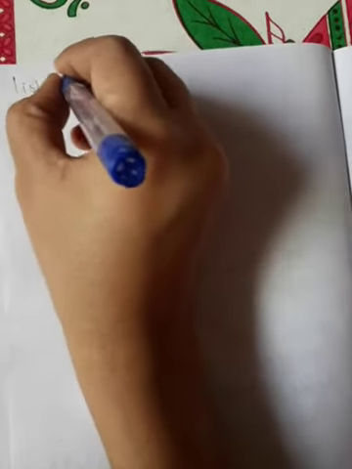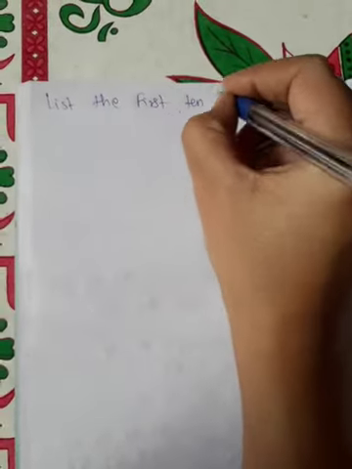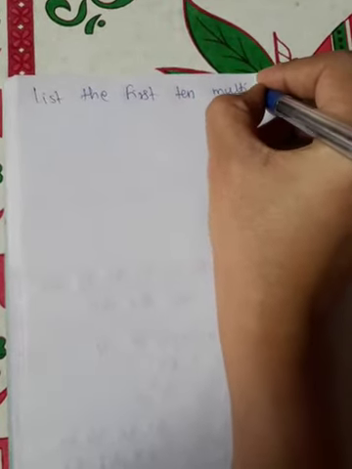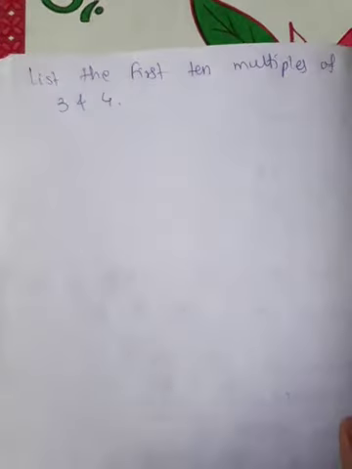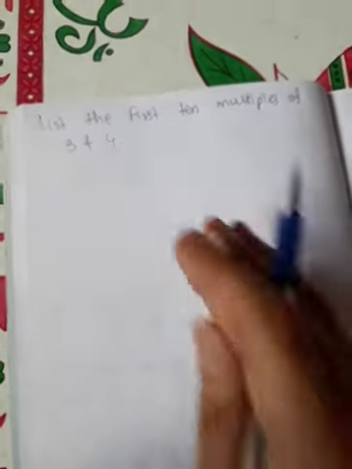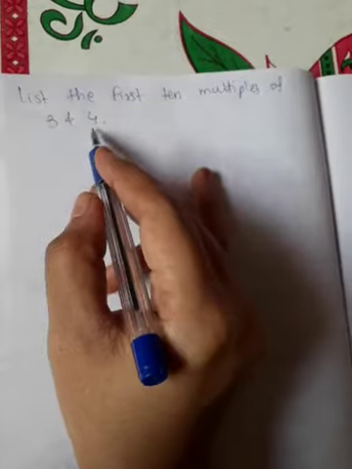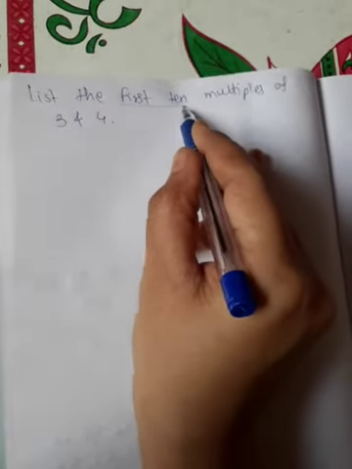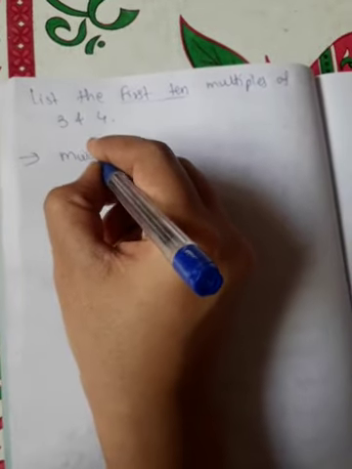Now see, the next question is: list the first 10 multiples of 3 and 4. See here, two numbers are given, 3 and 4, and we have to find the multiples of 3 and also of 4, but we have to find the first 10 multiples.